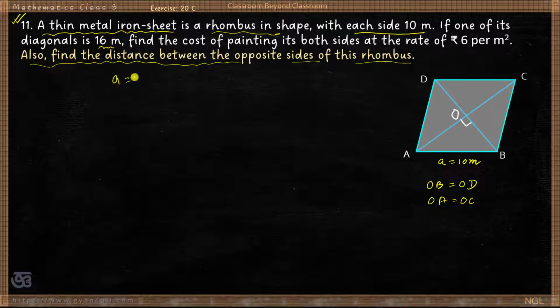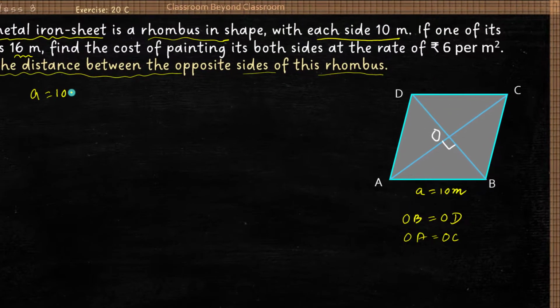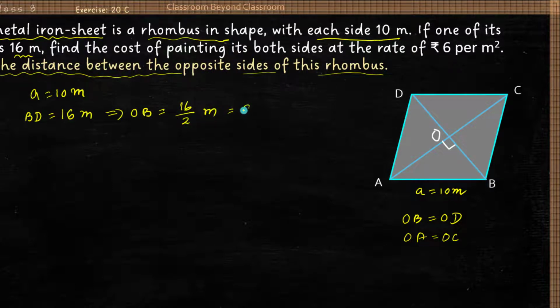So AB is equal to 10 meter and suppose BD is equal to 16 meter, and therefore OB is equal to 16 divided by 2, half of this, is equal to 8 meter.